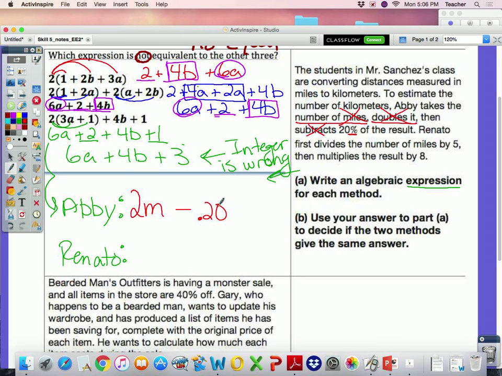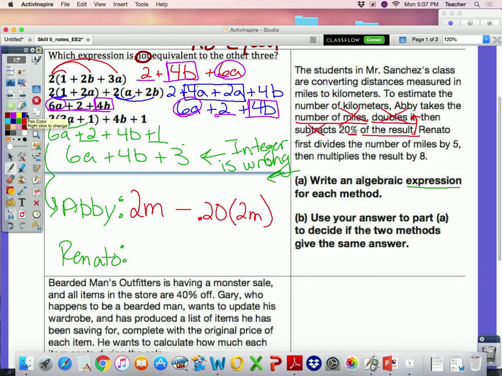Of the result. Well, what result are we talking about? What did we just do? Oh, we doubled the miles. So all we're doing here is we're going to do 20% of the result. All right. So that's Abby's. Now let's look at Renato's.